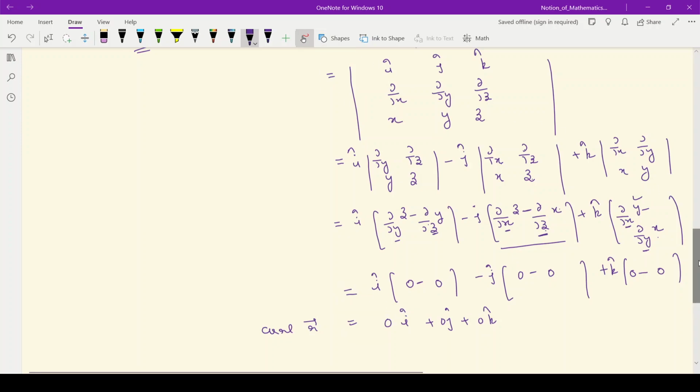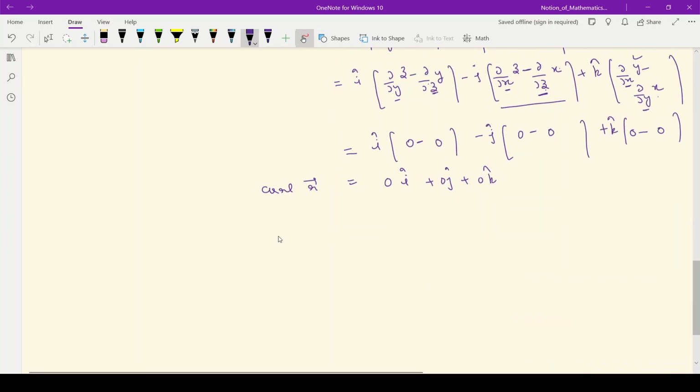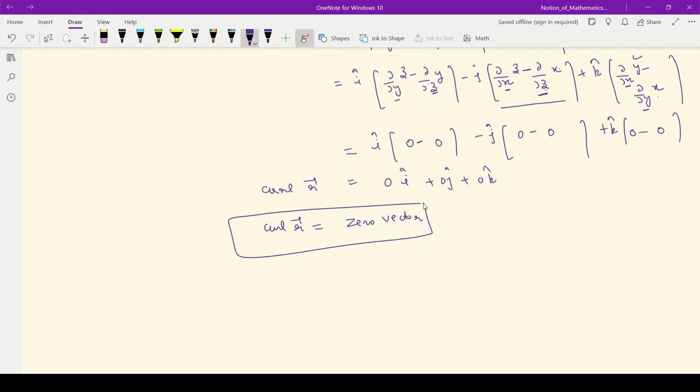So what I want to say here is, curl of r vector is equal to 0 vector. It is a very important concept here, because we cannot write 0 here only. As I told you, we apply curl upon a vector point function and the outcome is also a vector point function.